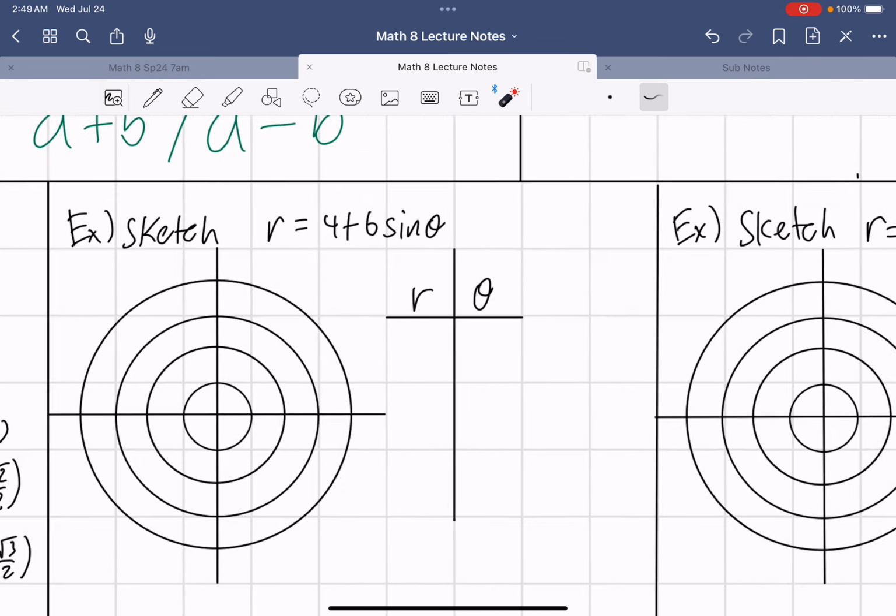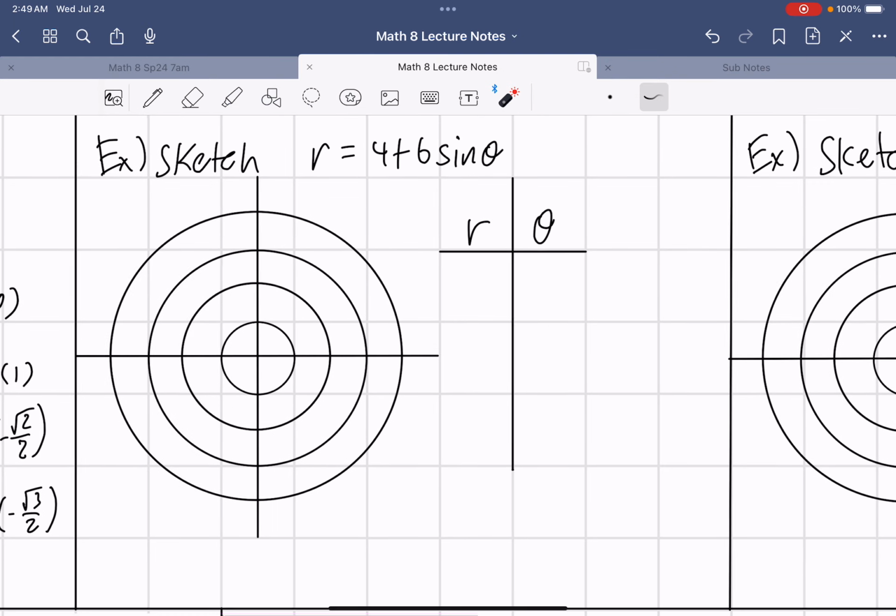Now, like I said, I did give a bunch of descriptors on what to look at. But first, since it's a sine and this is positive, I know whatever I'm doing is going out in this direction, right? If these were the same, then I know that's a cardioid. But the fact that they're different, I know that it's either going to be a dimple or a loop, right?